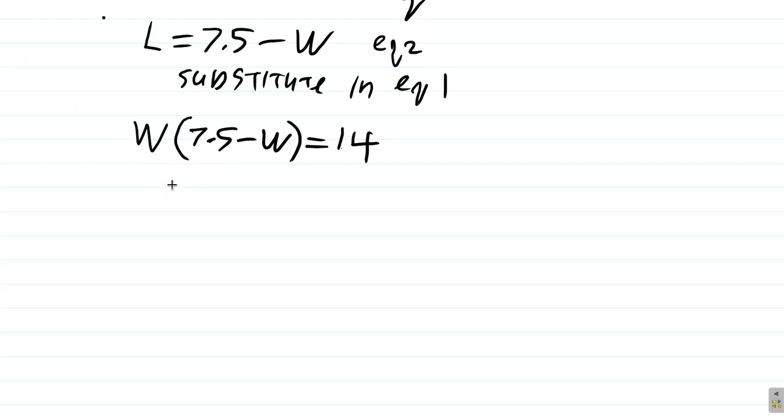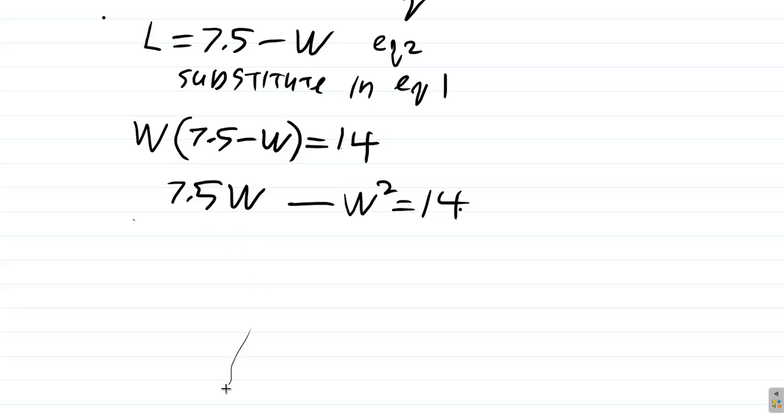So this would be 7.5W minus W by W, that's W squared, is equal to 14. So now what you see looks like a quadratic equation in W. Alright? It's a quadratic equation in W.